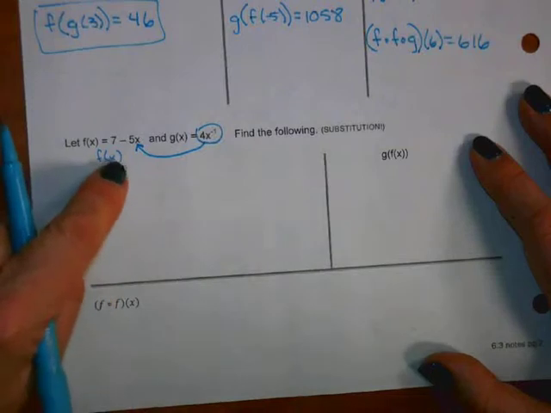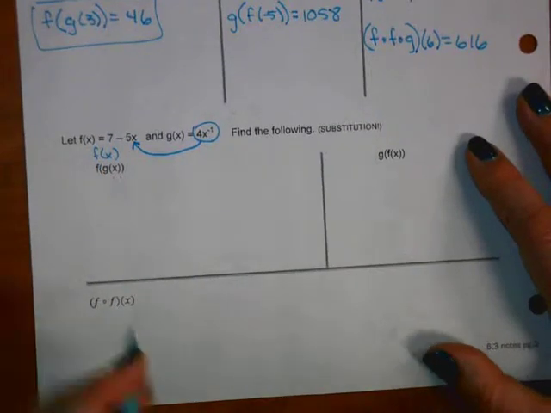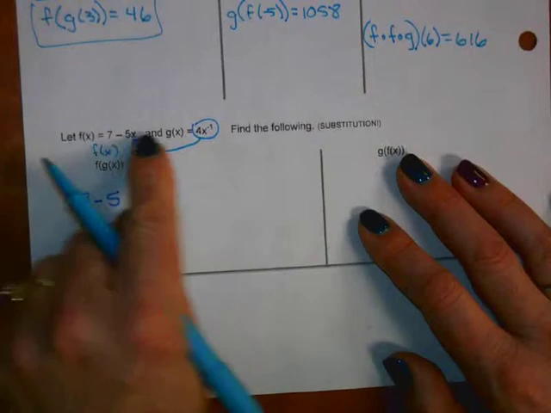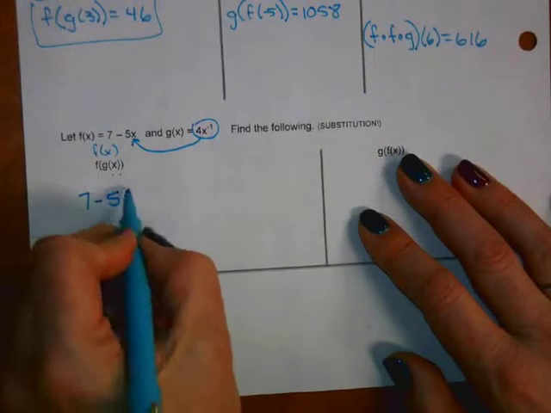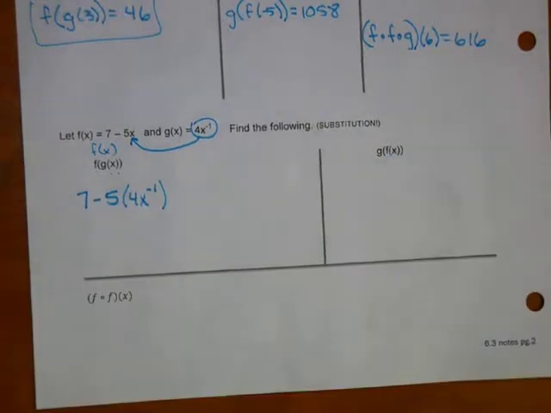But now I have to take all of g of x and substitute it into the f of x. So it looks like this. 7 minus 5, and where x is here, I'm going to put g's function. Let that sink in for a minute.